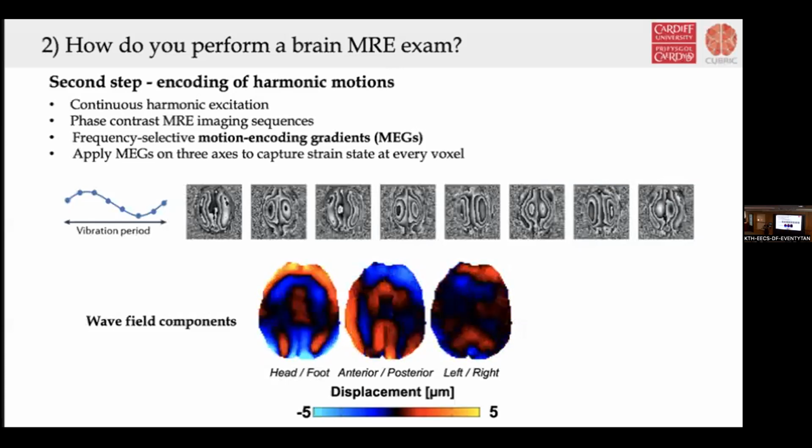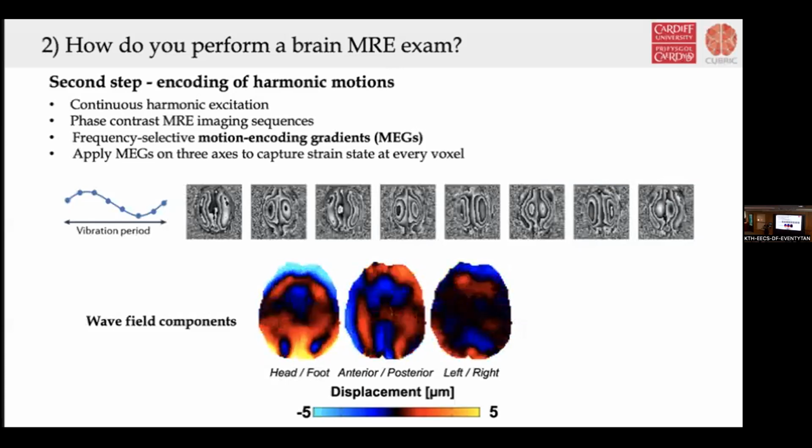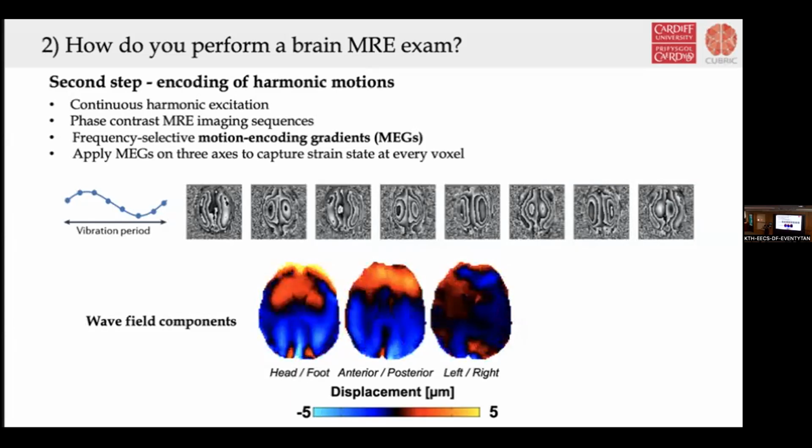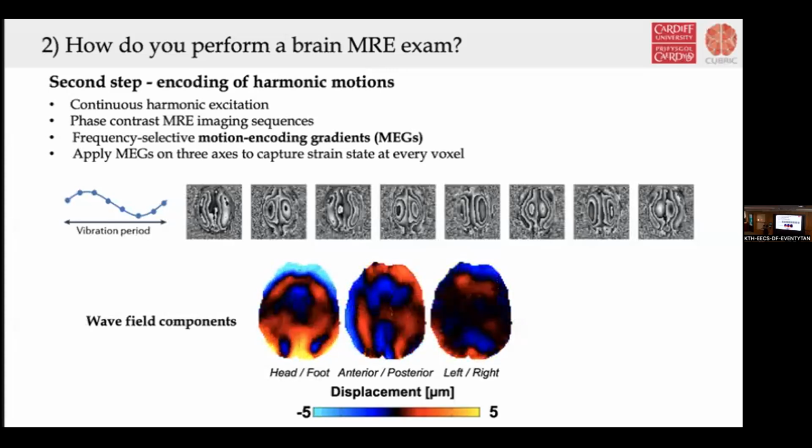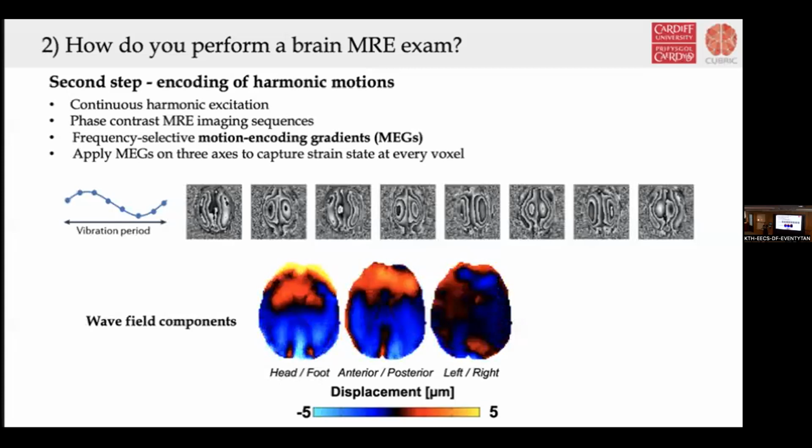This means the MEG, the motion encoding gradient, is toggled along three encoding directions: the phase encode, slice encode, and the readout. That's to capture all orthogonal components of the wave field. What is also essential for MRE is to change the synchronization in time, and that way you can capture how the waves propagate. And because it's harmonic, we construct these complex full vector displacement fields.